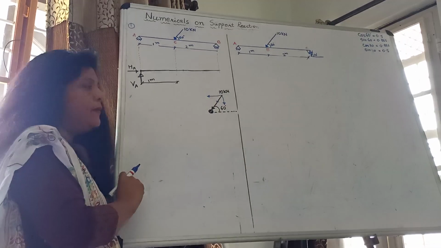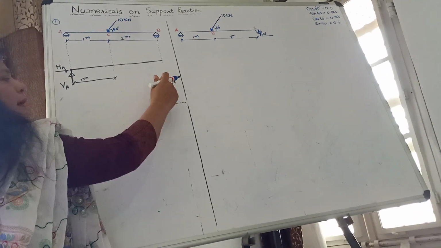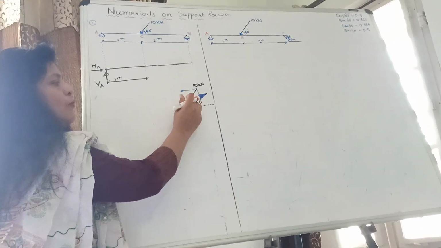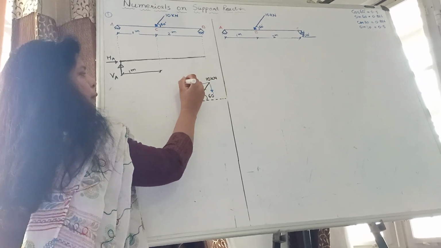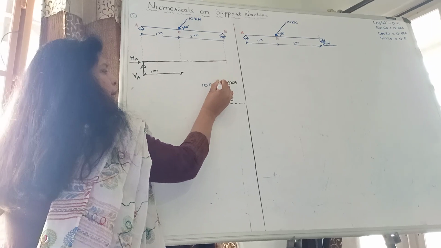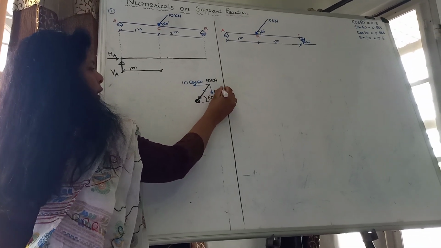Yes, it is the right resolution because the components are inside as the force is inside. Now it is forming an angle of 60 degrees with the horizontal. So the horizontal component will be 10 cos 60 and the vertical component will be 10 sin 60.